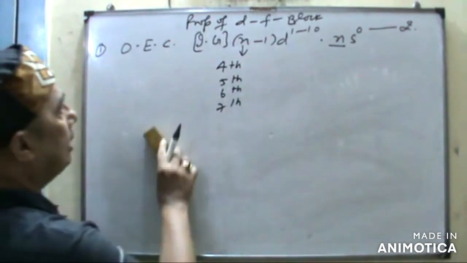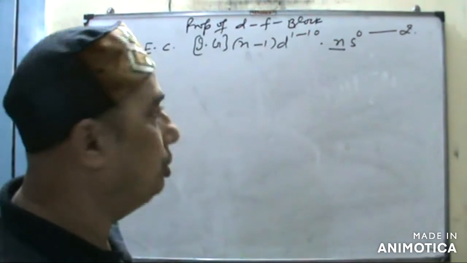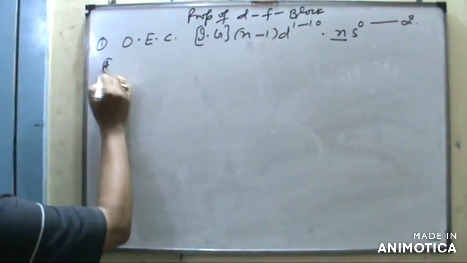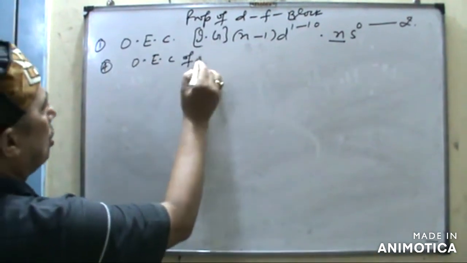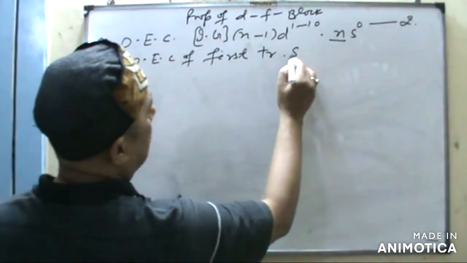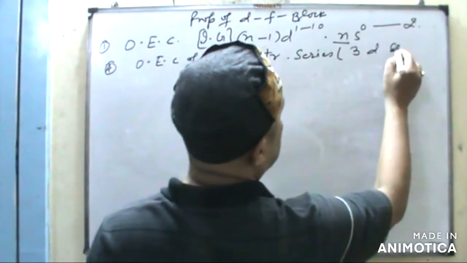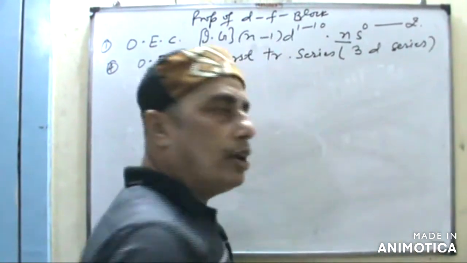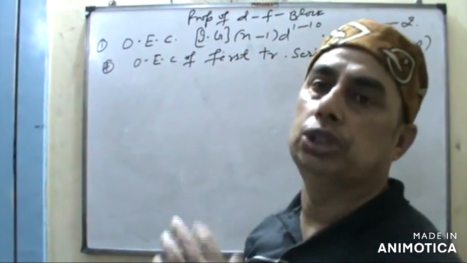First we take the outer electronic configuration of the first transition series, very much known as the 3d series. Why are they known as the 3d series? Because they have a 3d subshell in the outermost orbit.